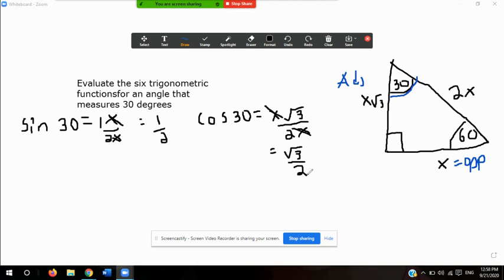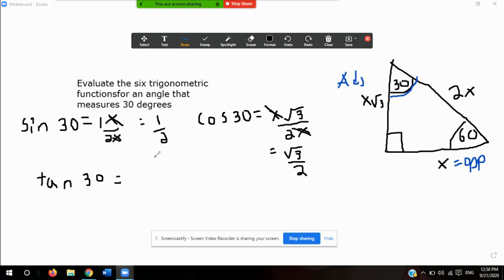Now if we're going to look for the tangent of 30, okay? The tangent of 30, we know is opposite over adjacent. Opposite is x because it's the farthest from 30, and adjacent is x times the square root of 3.